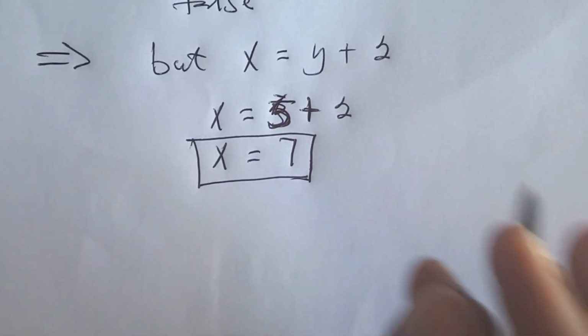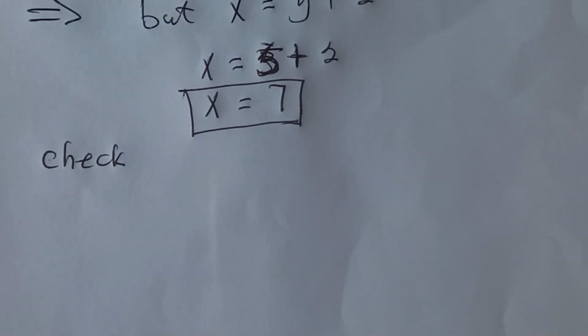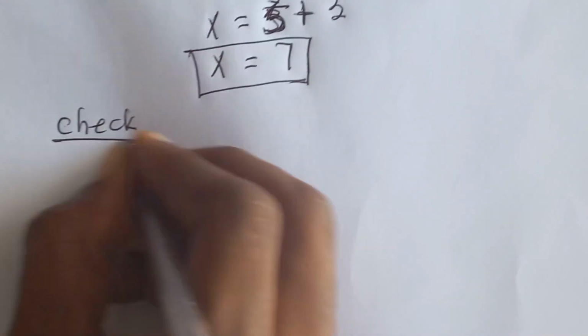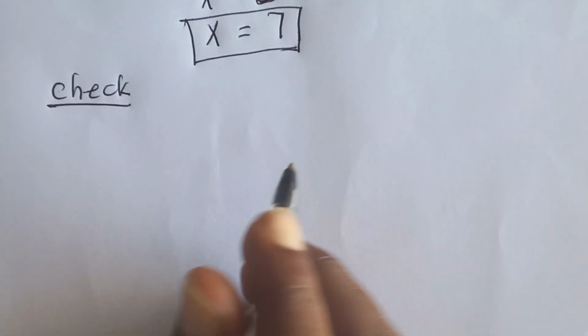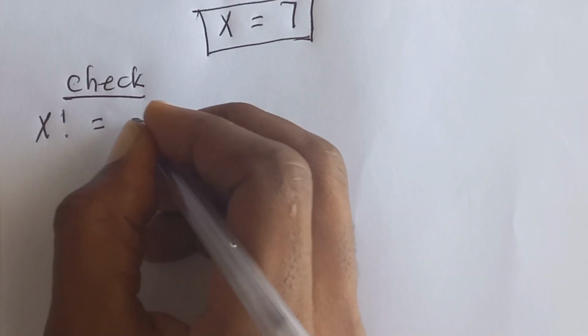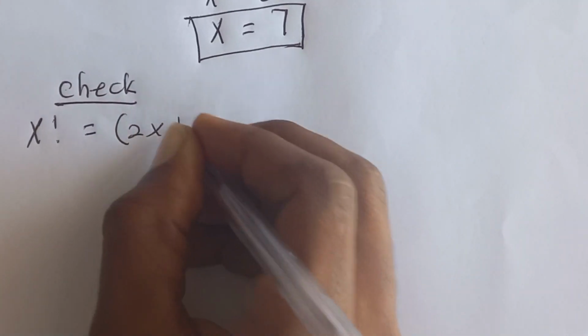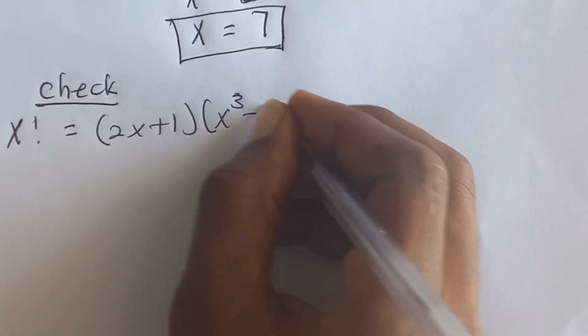Now let's check to know whether this x equal to 7 satisfies the equation. So we have x factorial equal to (2x plus 1) times (x to the power 3 minus x).